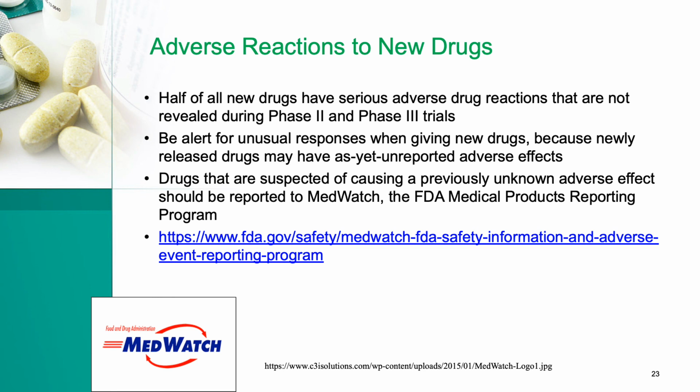However, some drugs cause serious adverse drug reactions at very low frequencies and would require many more exposures to detect the reactions. Thus, be alert for unusual responses when giving new drugs, because newly released drugs may have as yet unreported adverse effects. A suspicion of an adverse drug reaction should be reported.